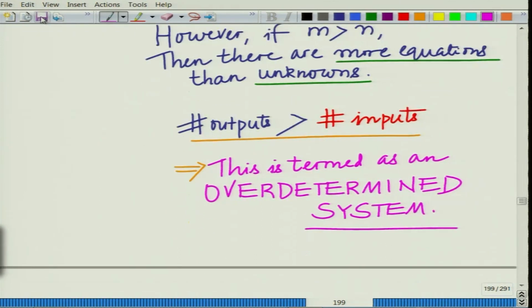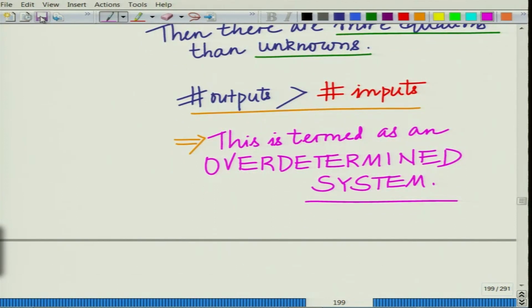Such a system of linear equations, where the number of equations m, the dimension of y, is greater than the number of unknowns n, the dimension of x, is known as an overdetermined system.